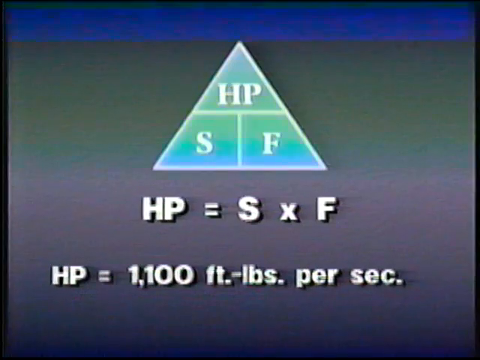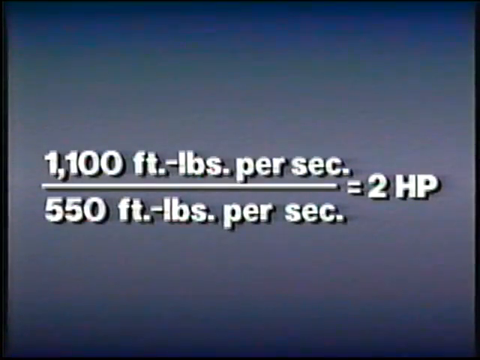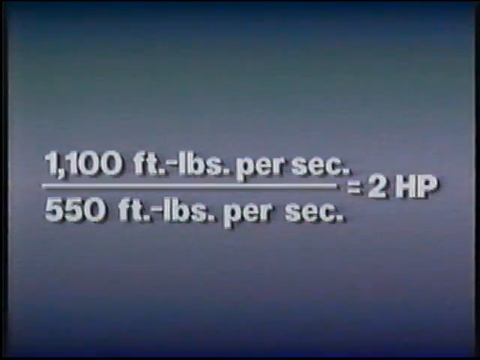That gives us 1,100 foot-pounds per second. Since 1 horsepower equals 550 foot-pounds per second, the cylinder must develop 2 horsepower in order to move the 11,000-pound load 12 inches in 10 seconds.